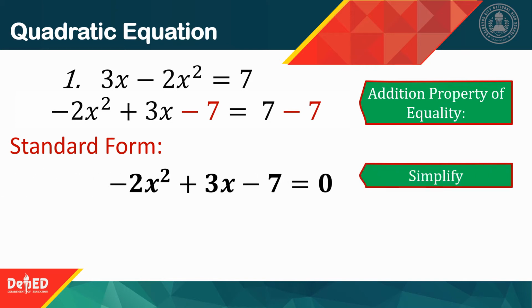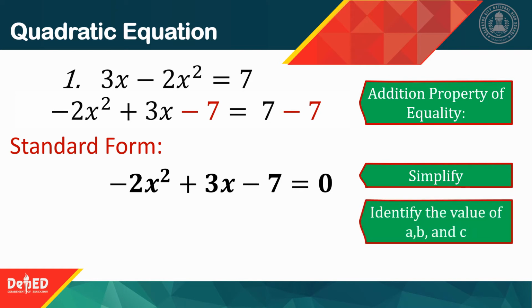Then simplify, so we have negative 2x squared plus 3x minus 7 is equal to 0. Then identify the values of a, b, and c. So we have a is equal to negative 2, b is equal to positive 3, and c is equal to negative 7.